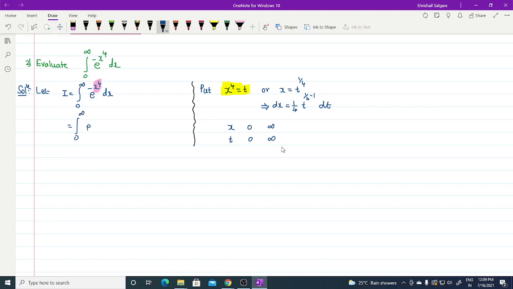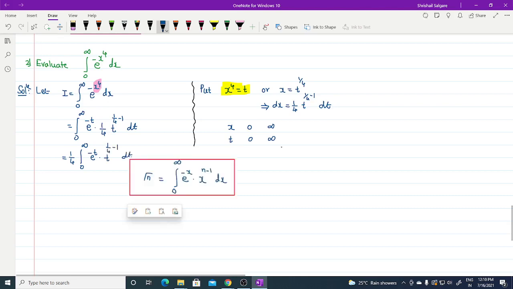Now it becomes e raised to minus t into dx, which is given by 1 by 4 t raised to 1 by 4 minus 1. You can simplify that also. Taking 1 by 4 outside, it becomes 0 to infinity e to the power minus t, t raised to 1 by 4 minus 1 dt.